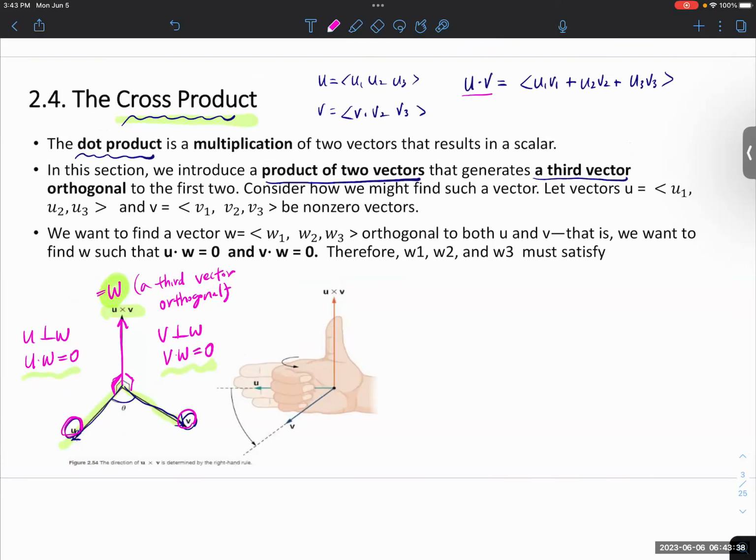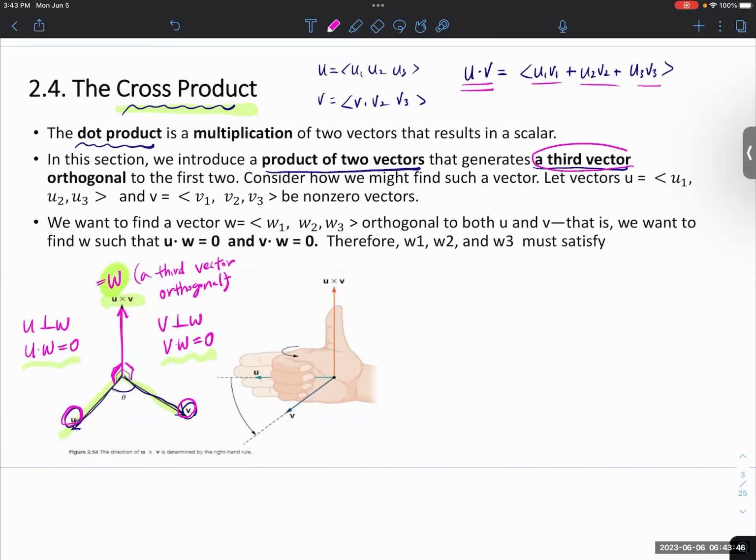With the dot product, we are just dealing with two vectors and finding the summation of the products. With the cross product, we're going to find the third vector that is perpendicular to each of u and v. That multiplication I'm going to show you, we call the cross product. Mathematically, these two equations are going to be satisfied.